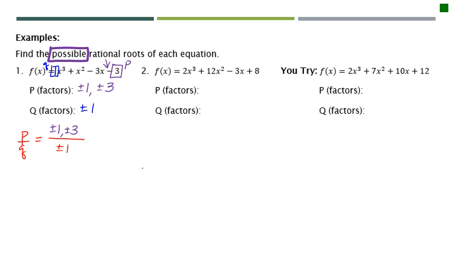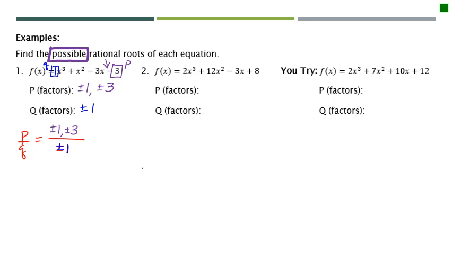And now I'm going to make a list, because I don't want to leave my answer as this big weird fraction. I want to write out all the possibilities. So what I like to do is take everything on the top of the fraction and divide it by the number on the bottom.